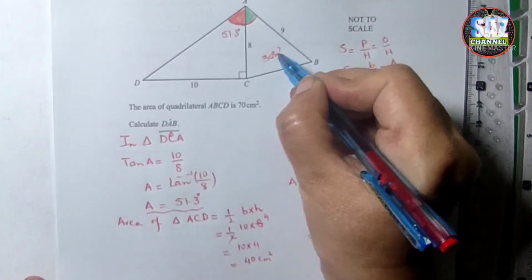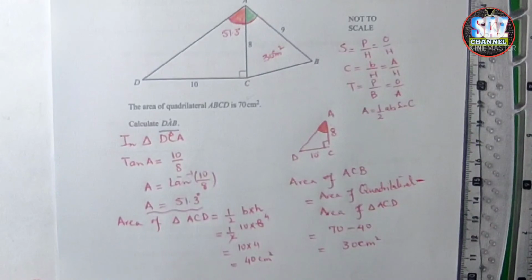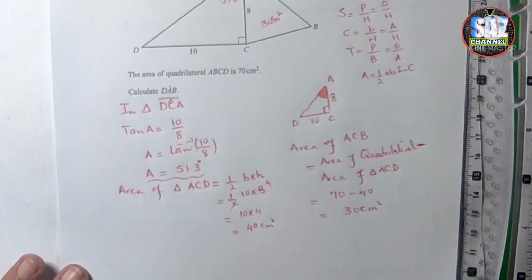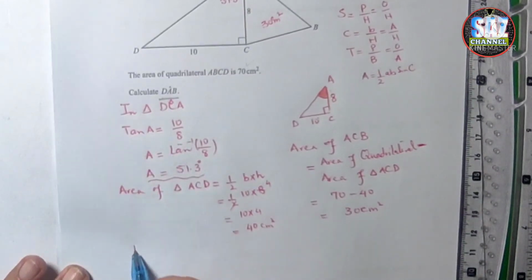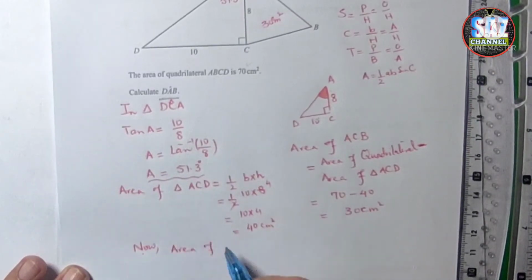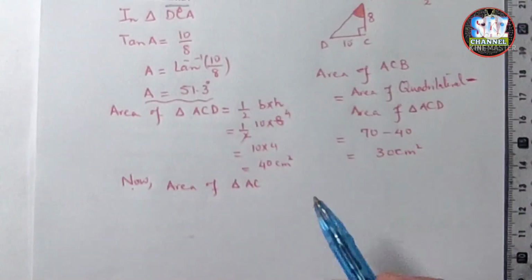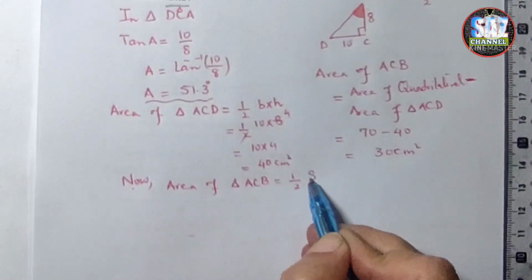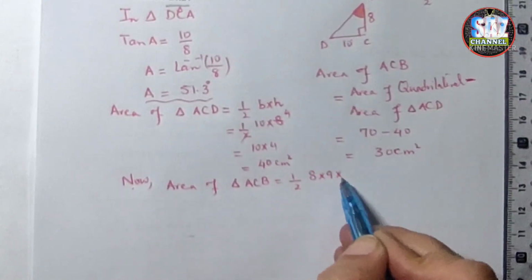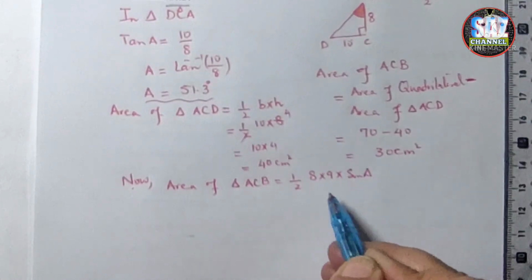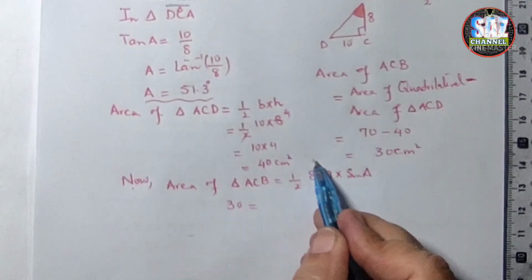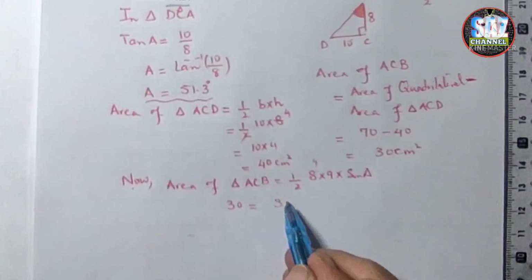Now what we have to do is apply the formula for the area of an oblique triangle in order to get the angle. Area of triangle ACB equals half into 8 multiplied by 9 and sine of angle A. Area is 30 equals 2 ones are 2 and 2 fours are 8, and 4 times 9 is 36.